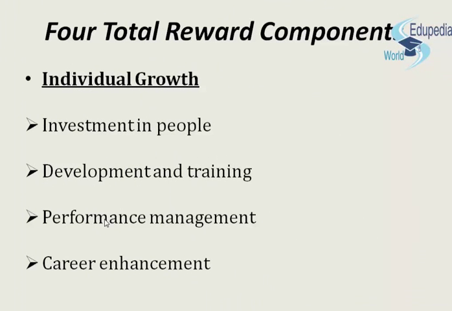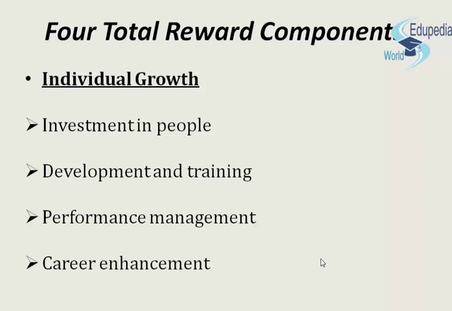After seeing the principles of reward, we are going to see 4 major reward components. What are they? Number 1, for individual growth, we will see what the components are: investment in people, development and training, performance management, and career enhancement.